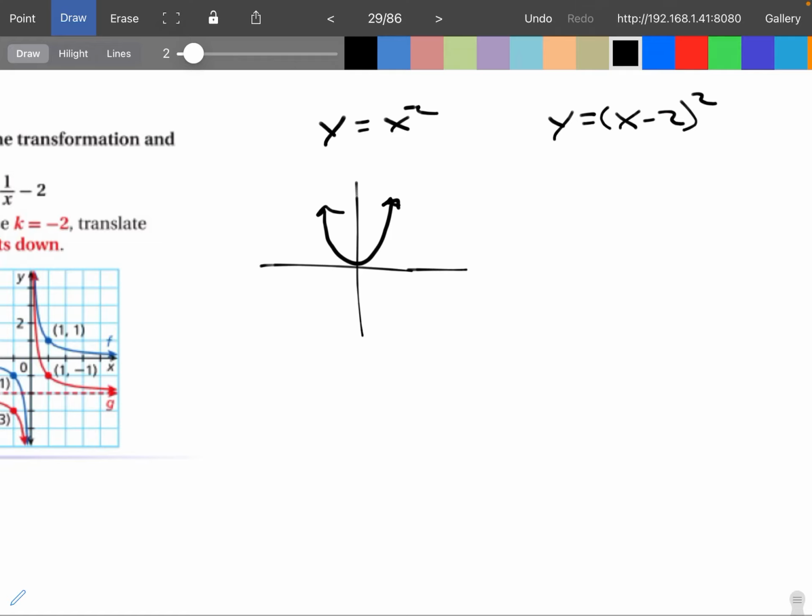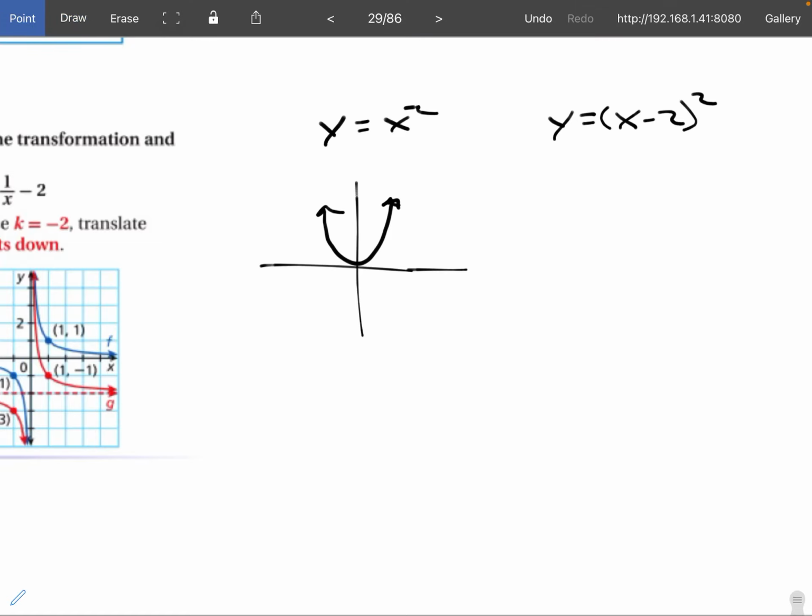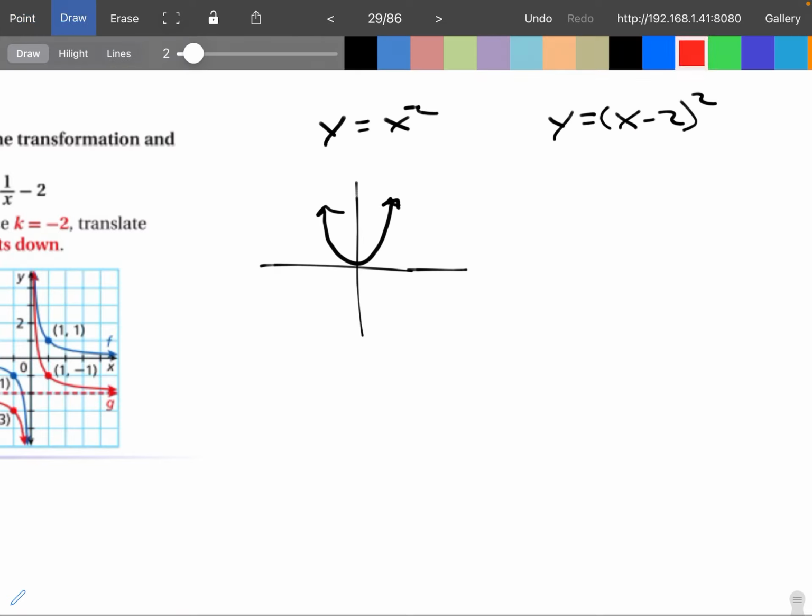Well, what that does to that parent graph, I'm not sure if you remember or not, but if you have a number that is added to or subtracted from the x, that causes a horizontal shift. And it goes the opposite way of what you would think. So if it's x minus 2, that actually shifts the graph 2 units to the right.